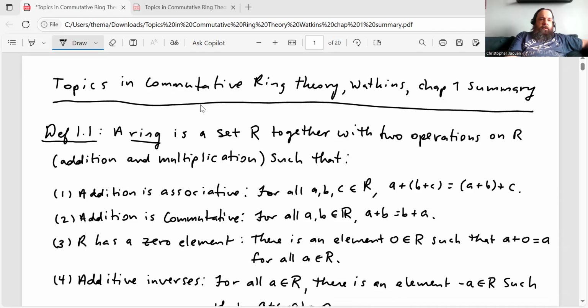Okay, here we go. So we start. Actually, before I even start on the definition of a ring, I mentioned in the first video in this playlist that the book is kind of conversational. And what I have here, as always, is a summary of the chapter. It's very bare bones, just bullet points of the important stuff in the chapter.